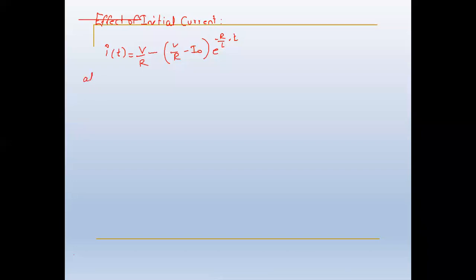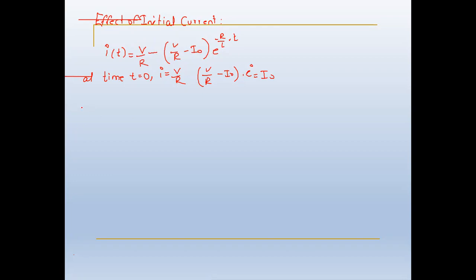So at time t is equal to 0, I is equal to V by R minus (V by R minus I0) into e raised to 0, which is equal to I0.